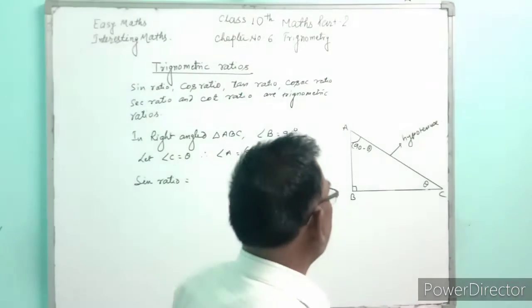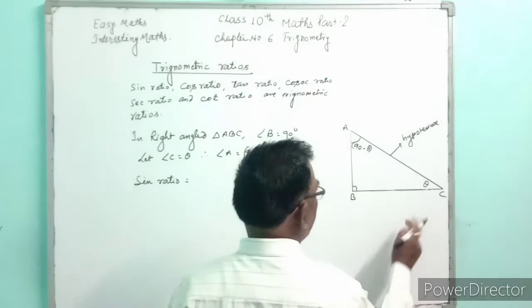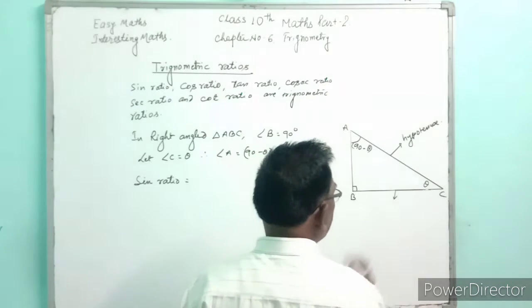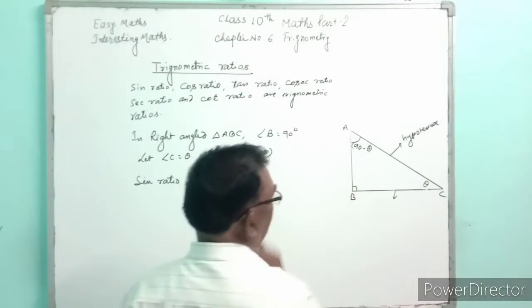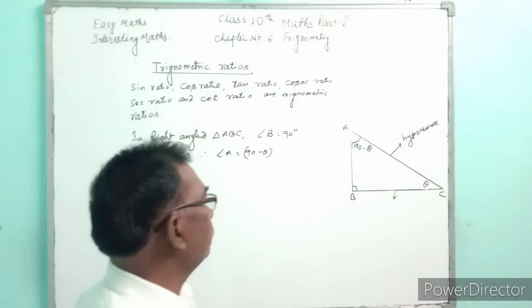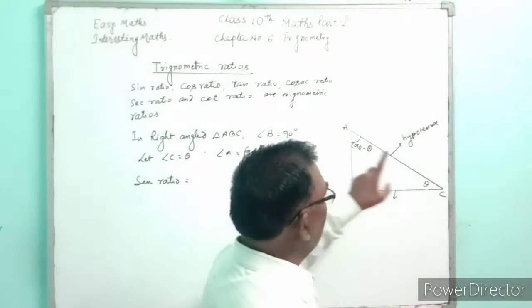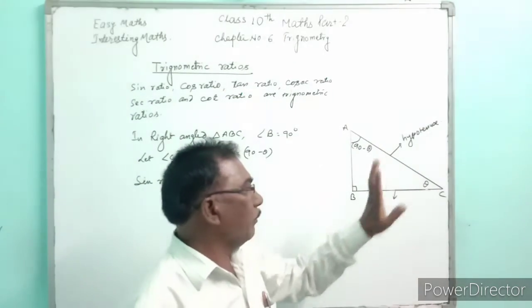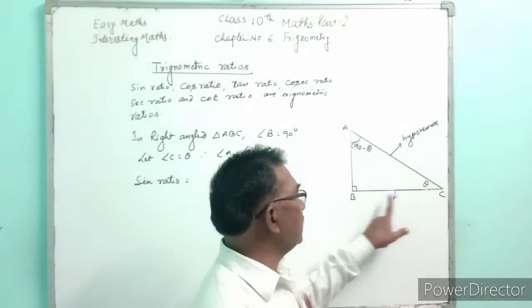Therefore, it is the hypotenuse. For angle theta, BC is the adjacent side and AB is the opposite side.